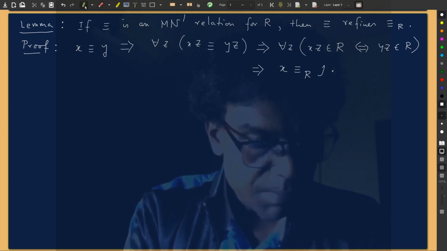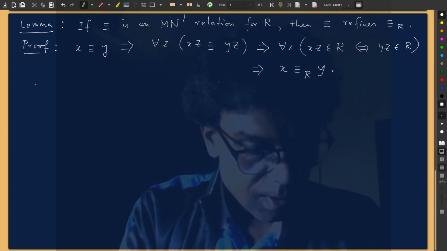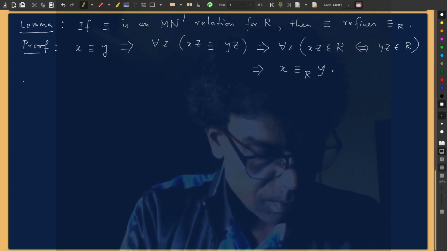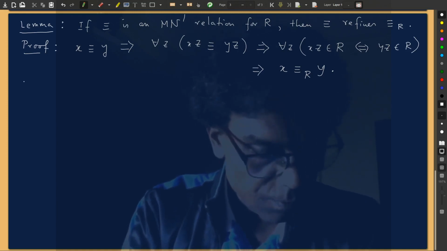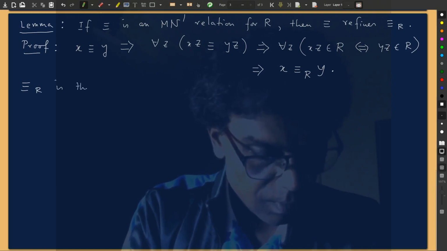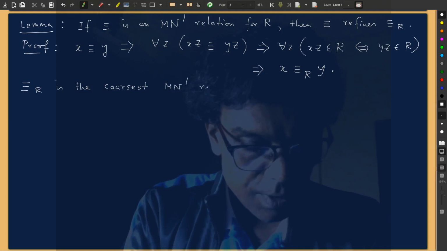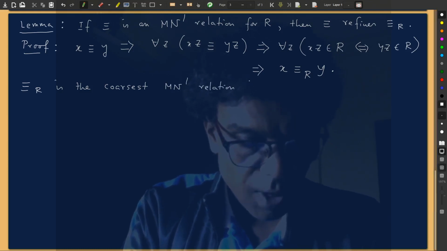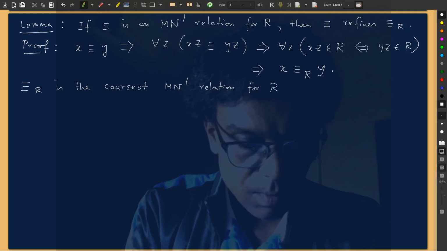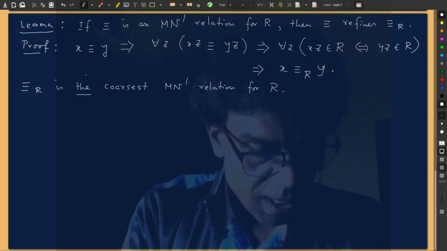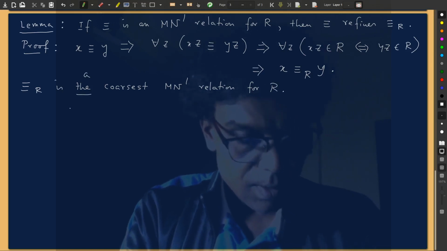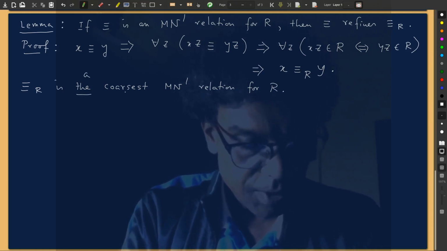So that's the end of the proof. But this implies this is the coarsest Myhill-Nerode-type relation for R, or for that matter, for A. Coarseness is with respect to the number of equivalence classes.